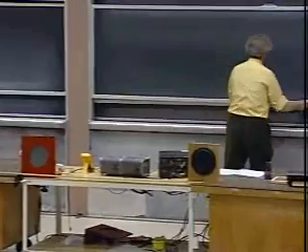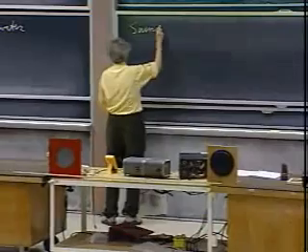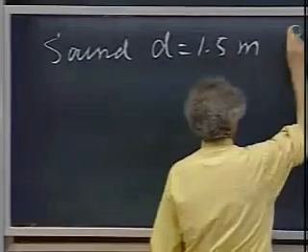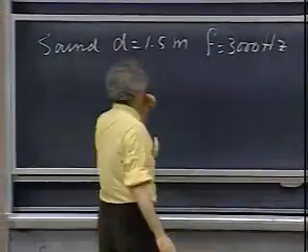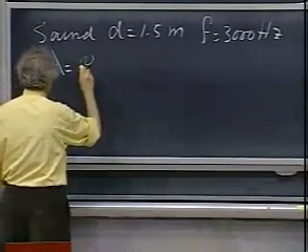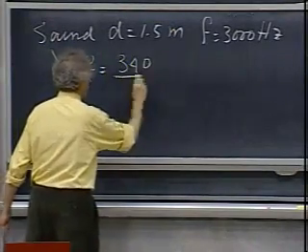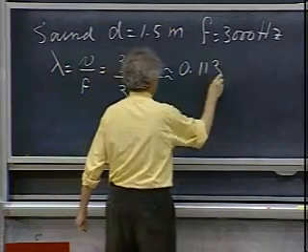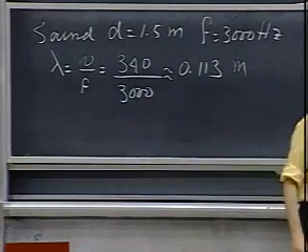And the distance between those two loudspeakers, d, is 1.5 meters, that's a given. And the frequency is 3000 hertz. The wavelength, therefore, lambda equals v divided by the frequency. The speed of sound is about 340 meters per second, divided by 3000 is about 0.113 meters. So the wavelength is about 11.3 centimeters.